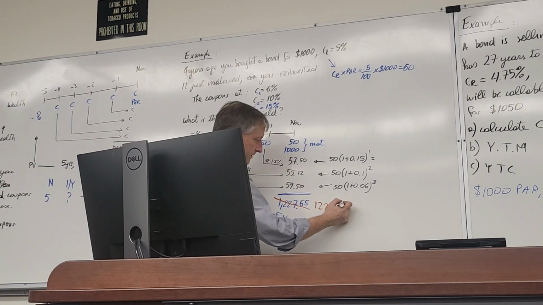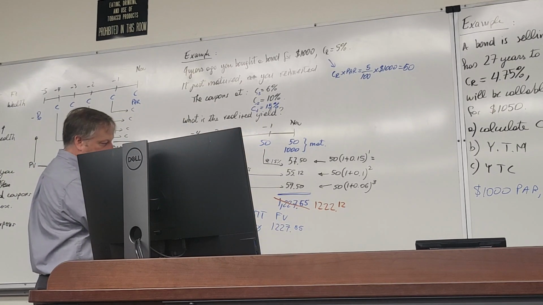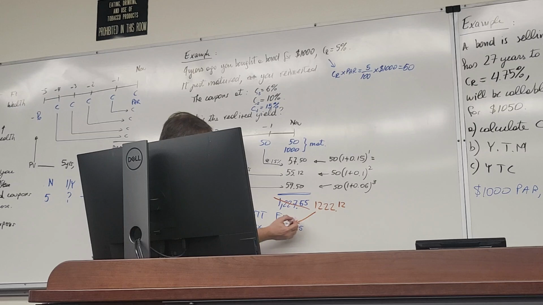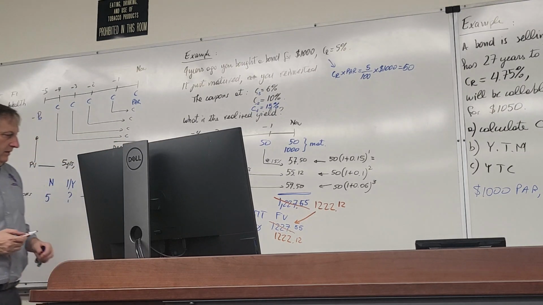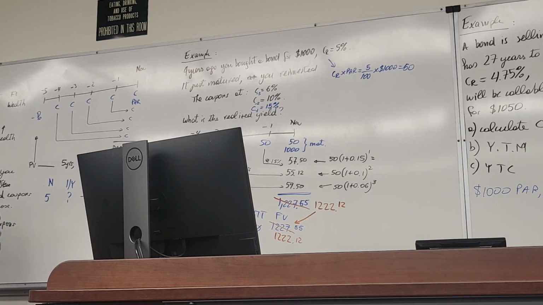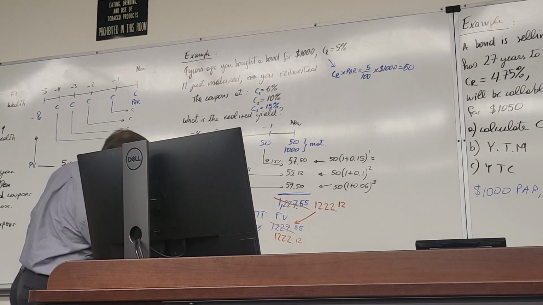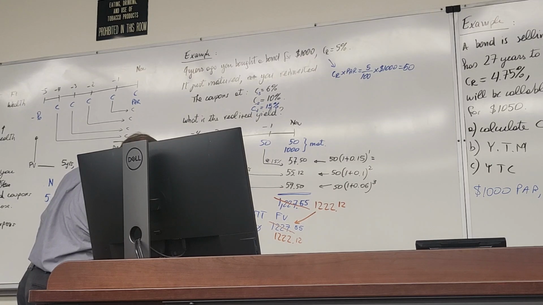So the only thing that changes is this number right here, this goes here, right? And the interest rate you're gonna get is slightly lower than that. What do you get? 5.14%? Do you agree? Yes.